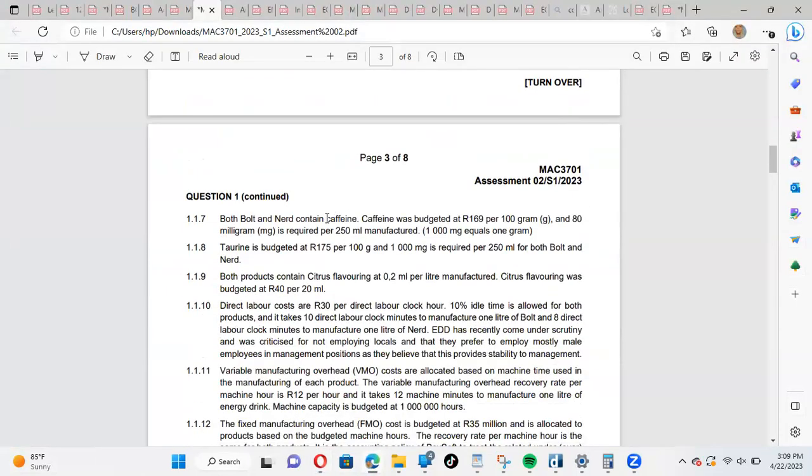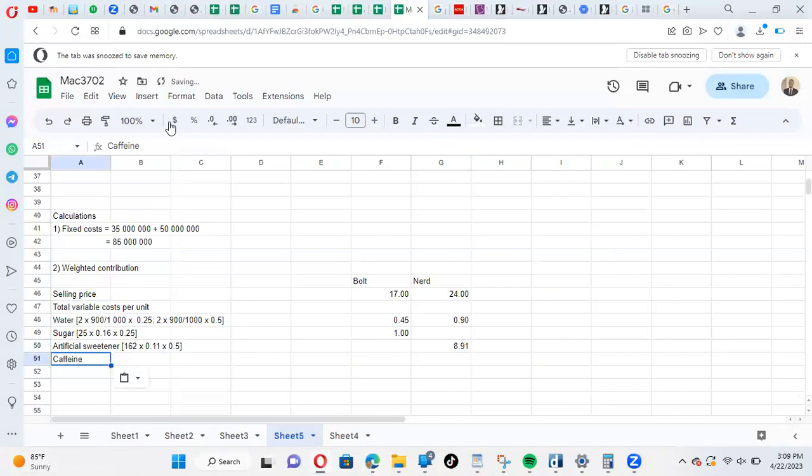Both Bolt and Ned use caffeine. Let's see what our caffeine story is.